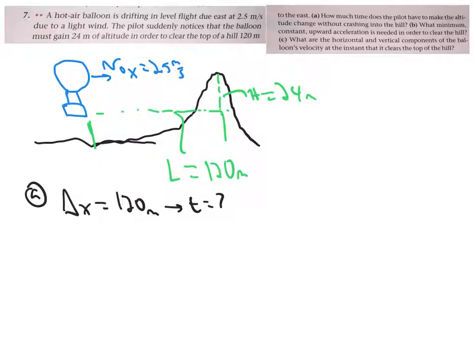As we usually do, we'll take this as our origin. So this is x equals 0, and this is y equals 0. Since there's no horizontal acceleration, we have x is x0 plus v0x t.